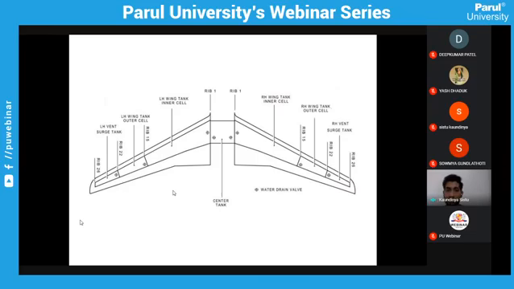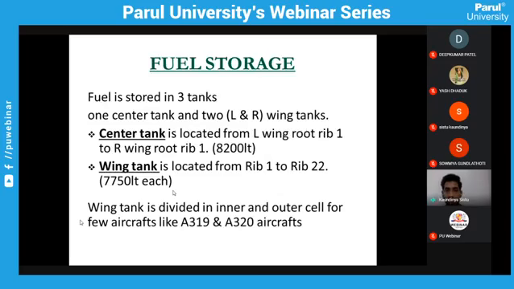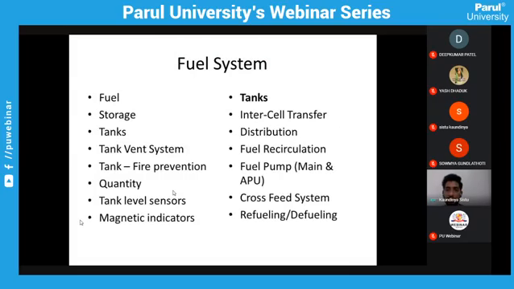And when you are on the ground, there is no need to dump it. There is a ground mechanism for transfer of fuels: inter-cell transfer or distribution, fuel recirculation, and cross-feed system. These four topics will be related to that, how fuel goes from one wing to the other wing.